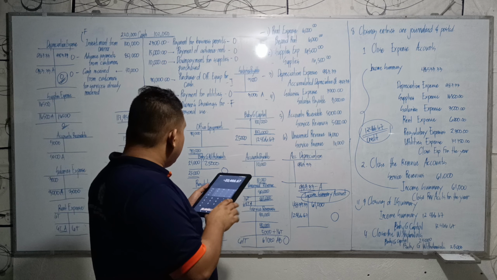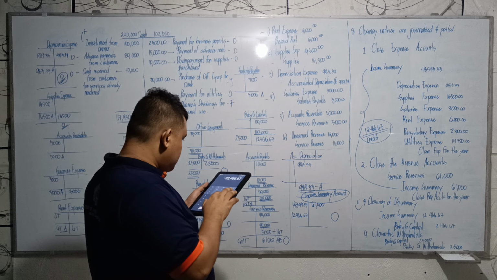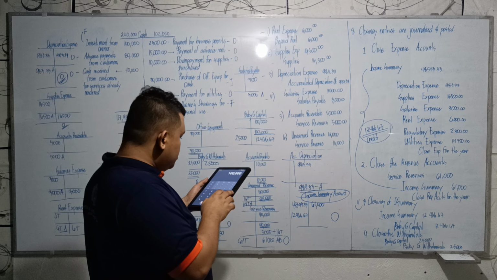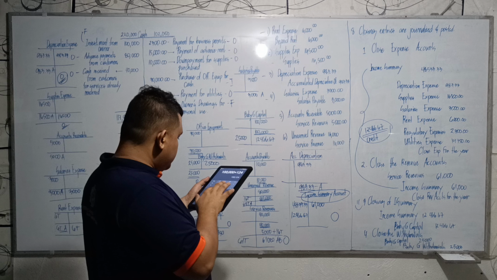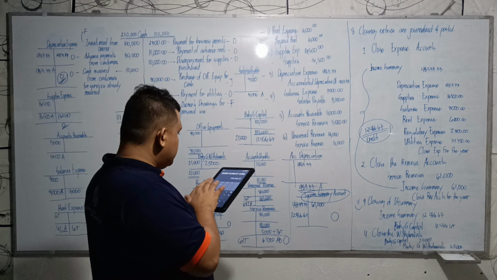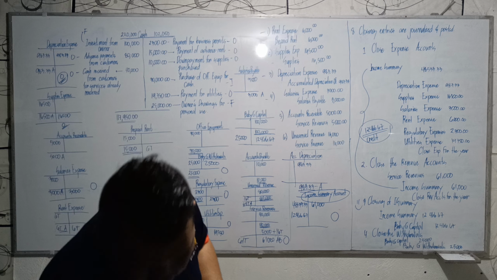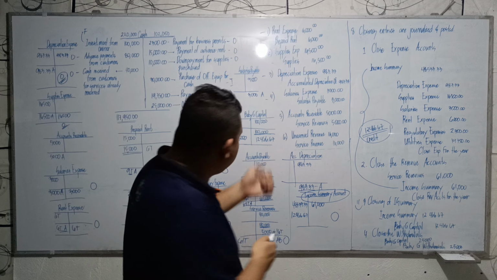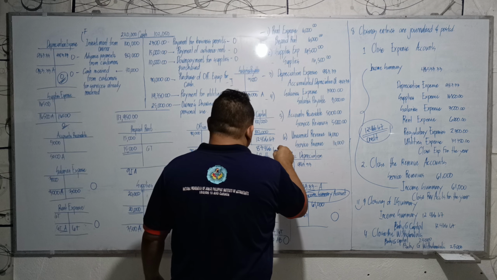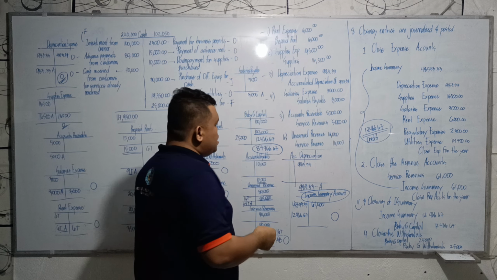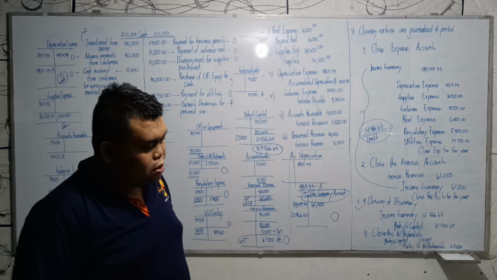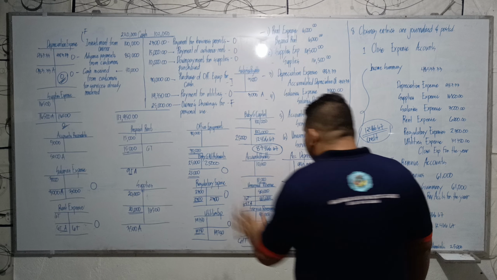The BBG capital has 100,000 at first, and then plus 12,466.67, but minus 25,000, we will have a capital ending of 87,466.67. That's the closing balance.